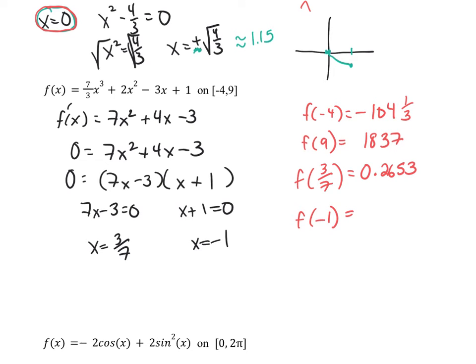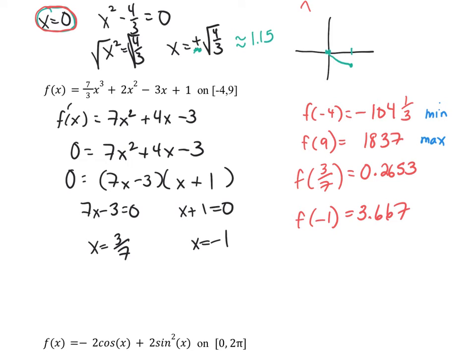And then f of negative 1 is going to give me 3.6 and 2/3. So our maximum point is going to be here. Obviously, it's 1837, and the min is going to be at negative 104 and 1/3.